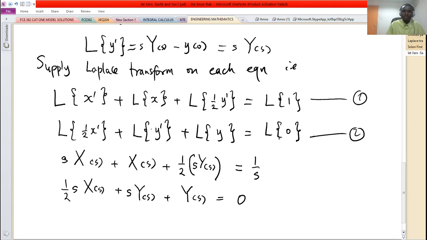The Laplace transform of 0 is 0. This one was obtained from 1, and this one is from 2. So let's call this equation 3, and let's call this equation 4.